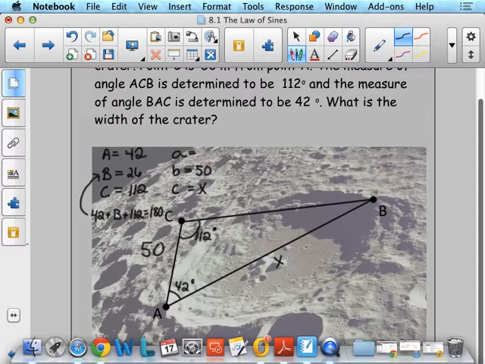Okay, so now using law of sines, I'm looking for this side right here. So I'm looking for C. So I want C. The only other piece that I have both angle and side is B. So that's going to be equal to B over sine of B. Okay, so that's X over sine of 112 equals 50 over sine of 26.